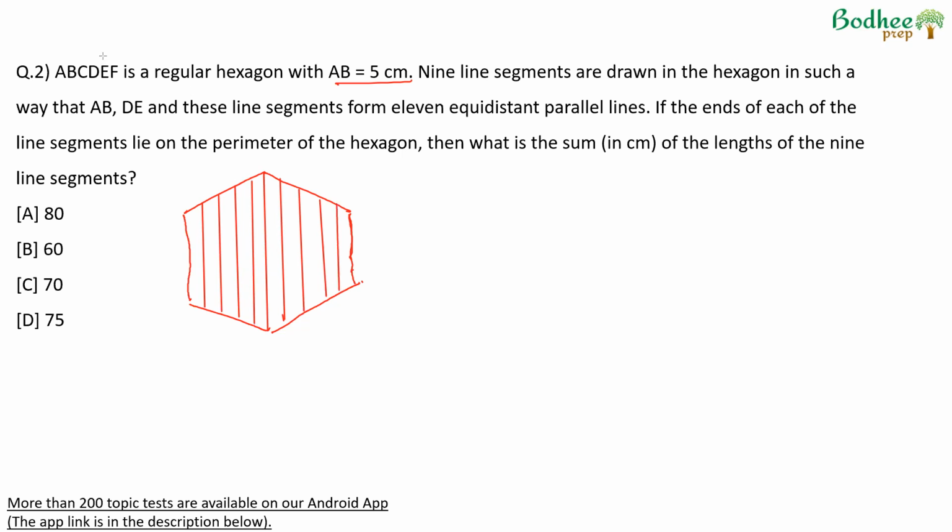The hexagon that we have is A, B, C, D, E, F. So 9 lines, and AB and DE, they are parallel and equidistant. We have to find the sum of these lines.